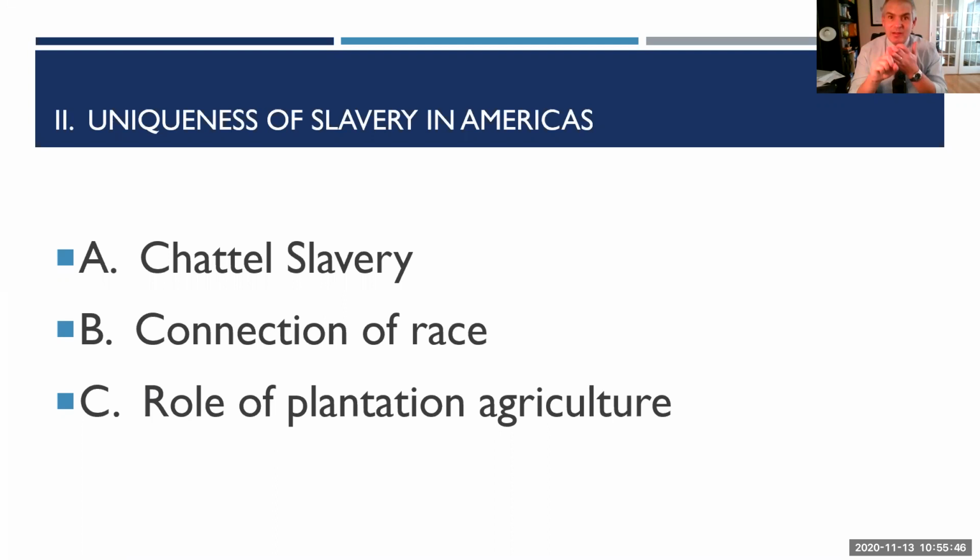But also, they cultivate cotton and tobacco, and they also mine silver. So, this plantation agriculture, and we can throw in the mining operations, but the plantation agriculture is what drives the need to import enslaved Africans. This is the reason why there is a slavery system in the Americas.